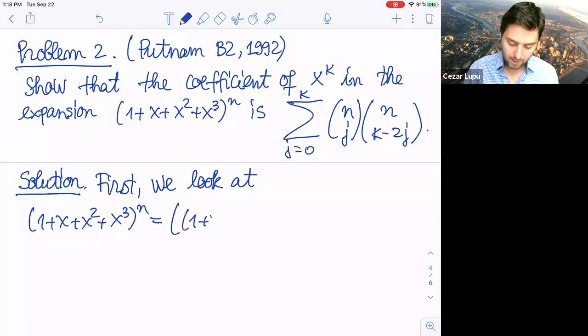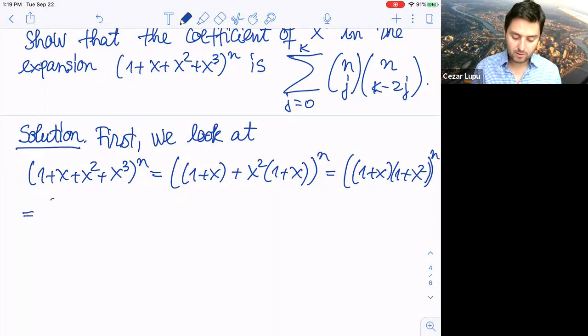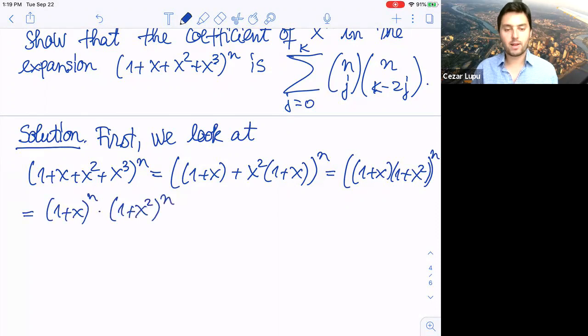Let's group these two together. Here I can factor an x squared, times 1 plus x, everything to the power n. And this guy will be nothing else than 1 plus x times 1 plus x squared, everything to the power n. So this is nothing else than 1 plus x to the power n times 1 plus x squared to the power n. Wow, that's beautiful. Now let's expand each one of them. Let's use the binomial formula for each one of them. And I'm going to use the following.